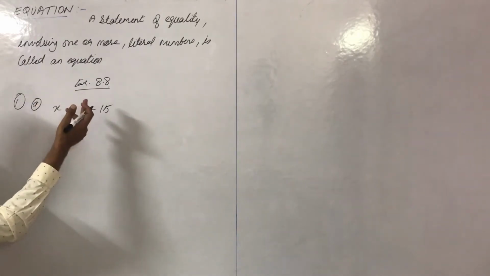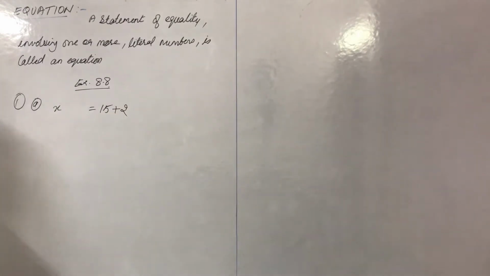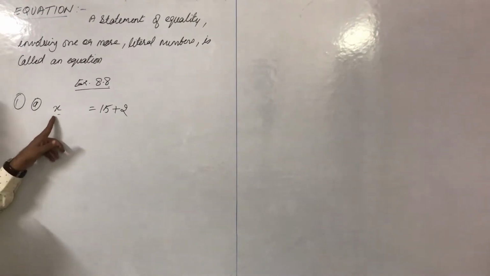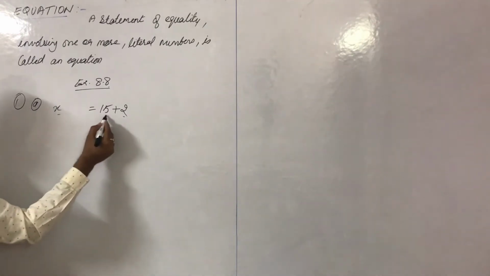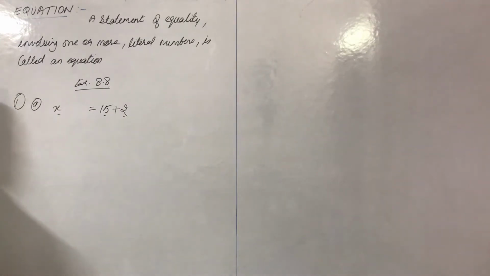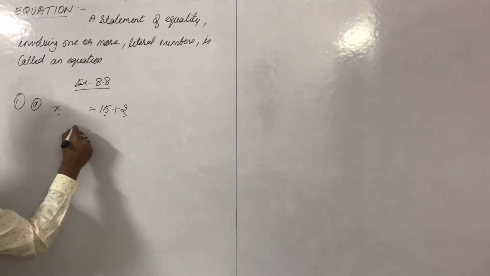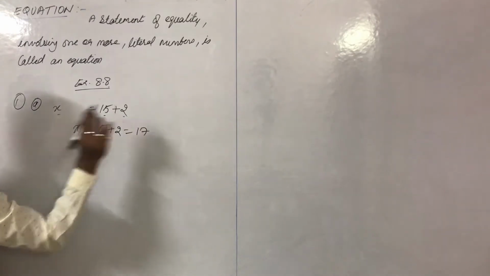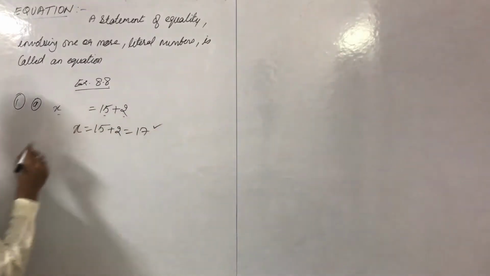A is 2 years older, so 15 plus 2 is A. The value of x is 2 more than B, who is 15. So this is the simple equation: x equals 15 plus 2, or the value of x is 17. So the correct answer is 17.